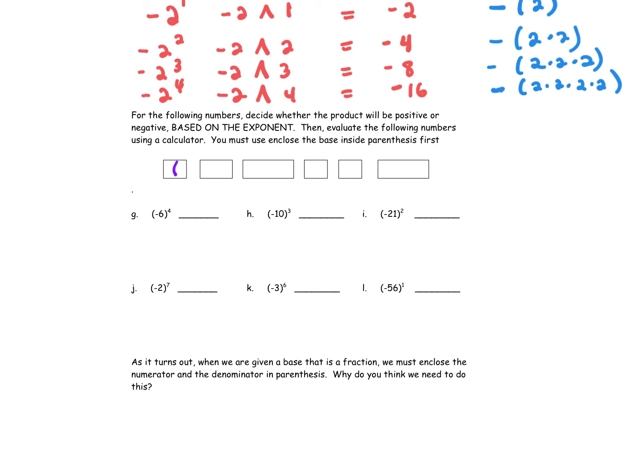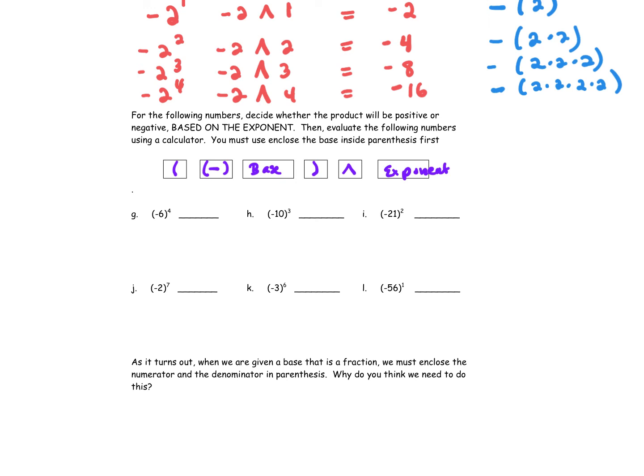Then we put the negative sign, the little white negative key down at the bottom. Then the base, and the second set of parentheses that encloses it. We put the key that raises it to a power, and then finally the exponent. If you need to pause and write this all, that's fine.